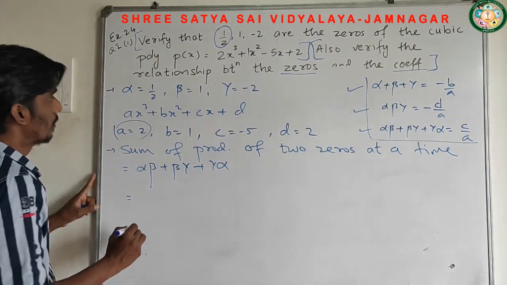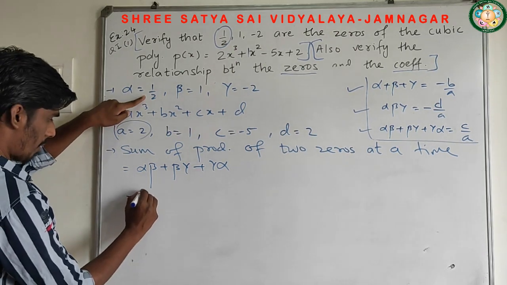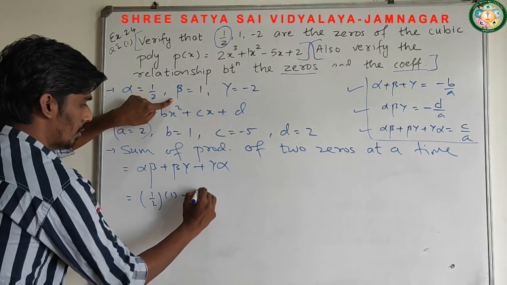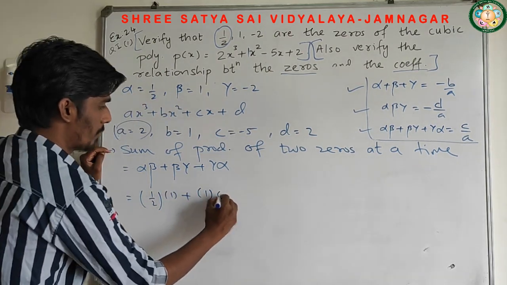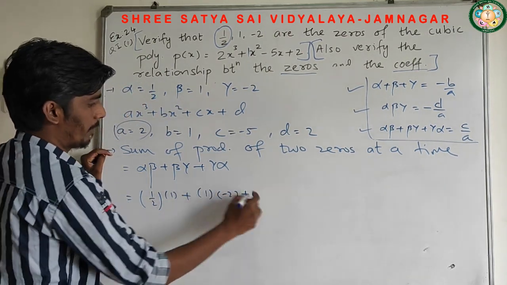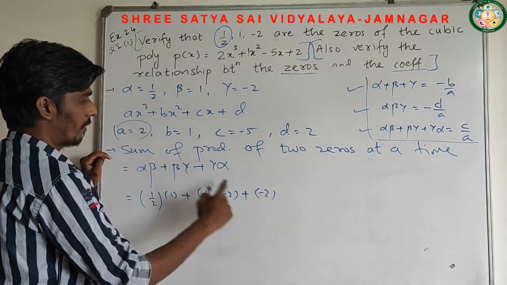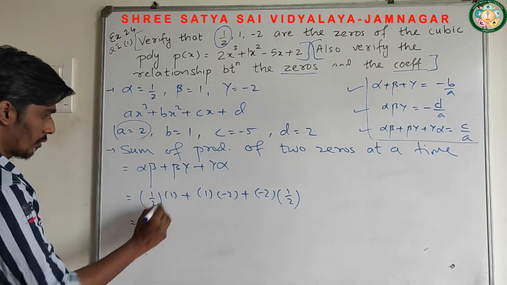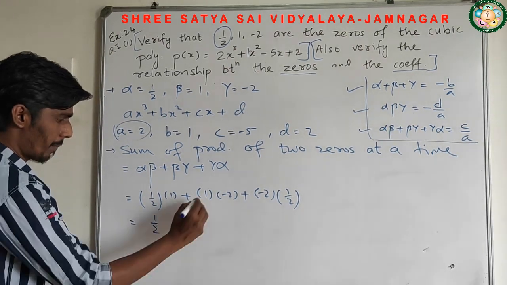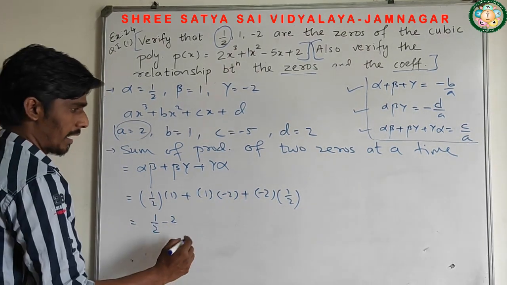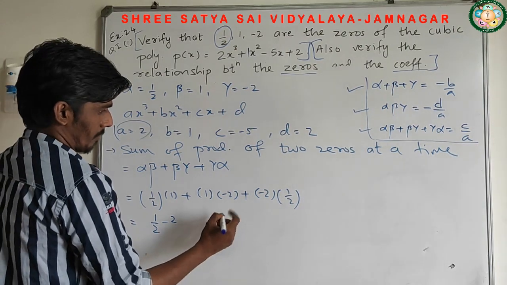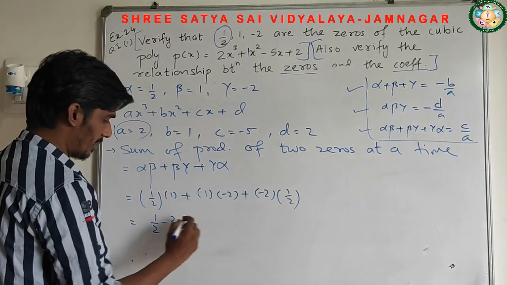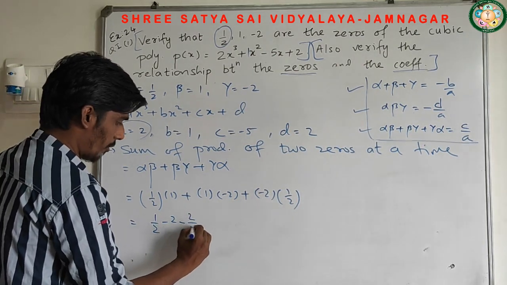Alpha is what? 1 by 2, beta is 1, gamma is minus 2. Now alpha is 1 by 2. So this will be 1 by 2 minus 2, and this is what? If I cancel this, or even if I can't cancel this, this will remain minus 2 upon 2.